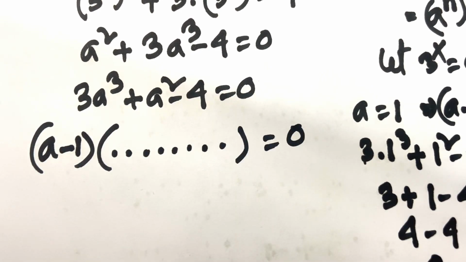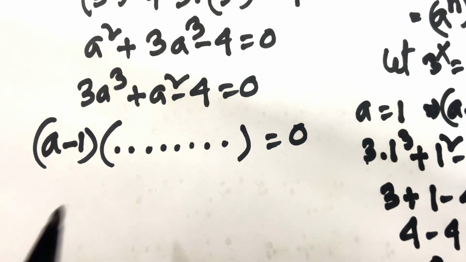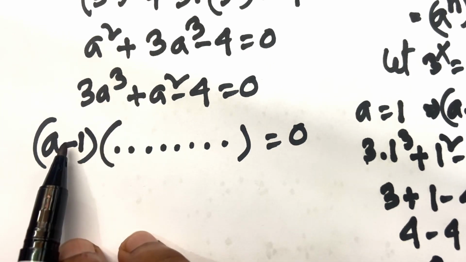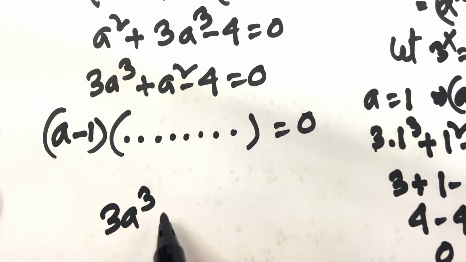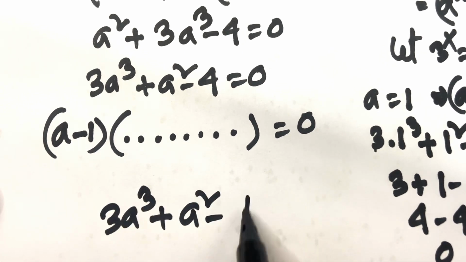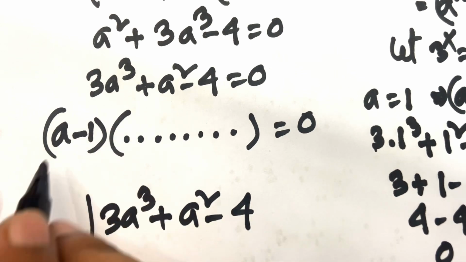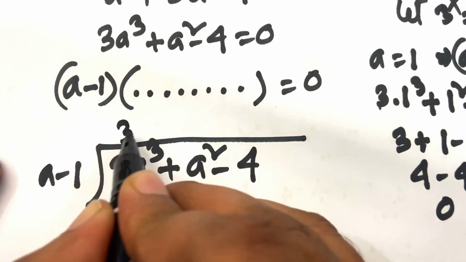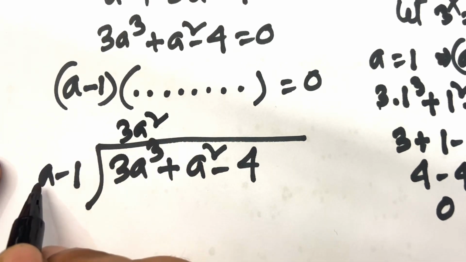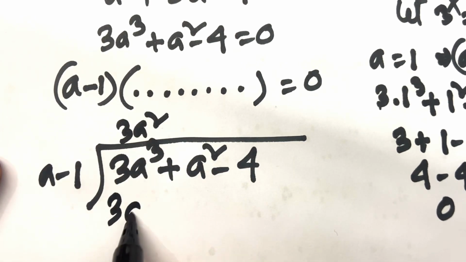Now I find the other factor of this equation. To find the other factor, you divide 3a cubed plus a squared minus 4 by a minus 1. Now 3a squared times a is equal to 3a cubed.